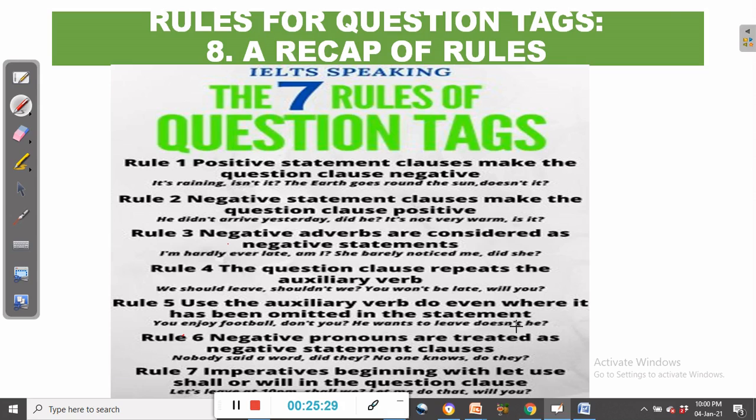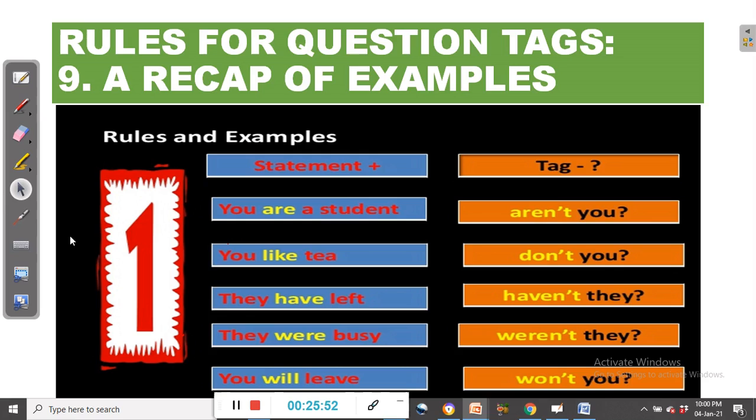Or if we use a direct imperative addressing the listener directly, for instance, go to the bank at once, will you? All right, so those are the examples of how we use them.